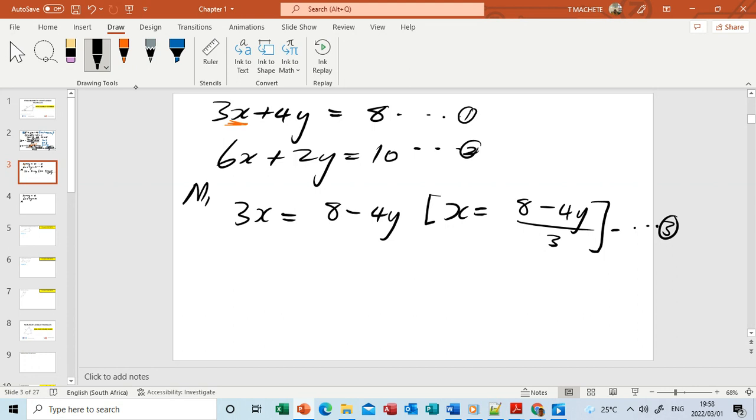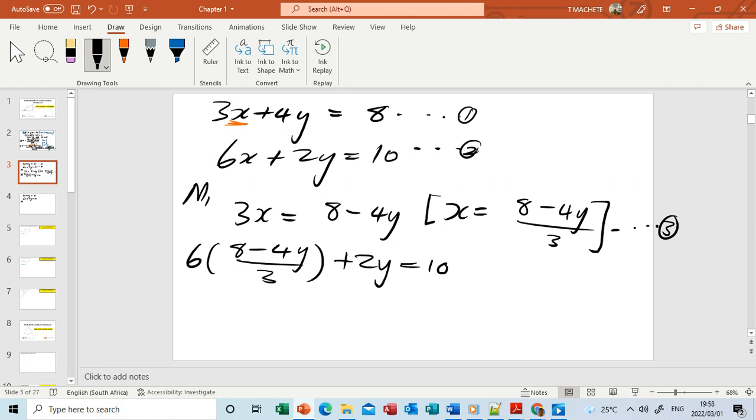So we go to equation 2 and put (8 minus 4y) over 3 where there's x. So 6 times (8 minus 4y over 3), plus 2y equals 10. Here you're solving for y, so we remove the brackets.